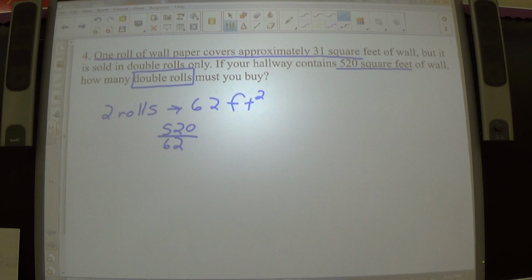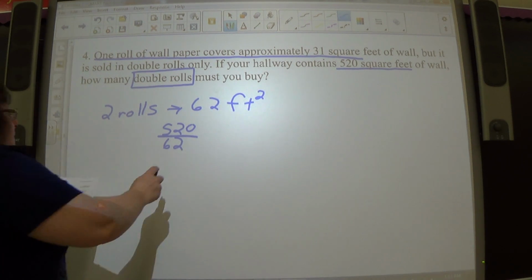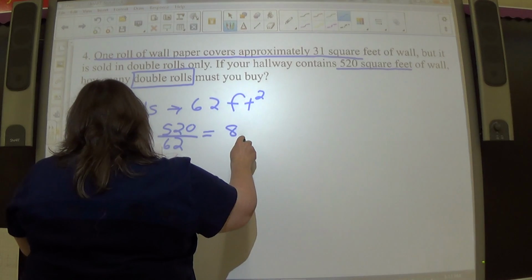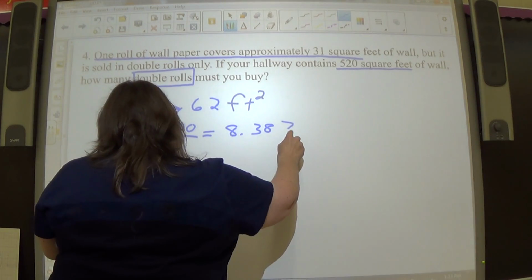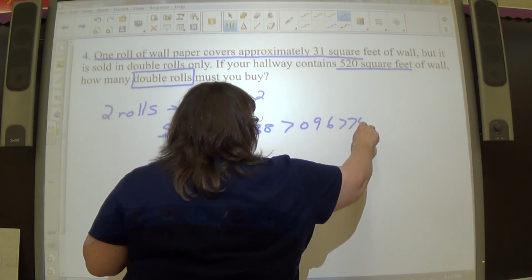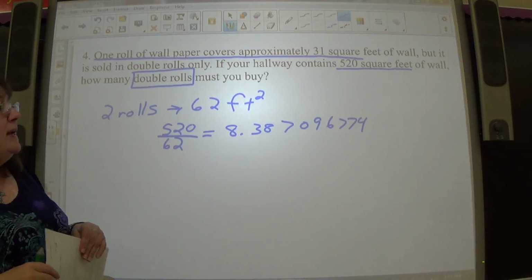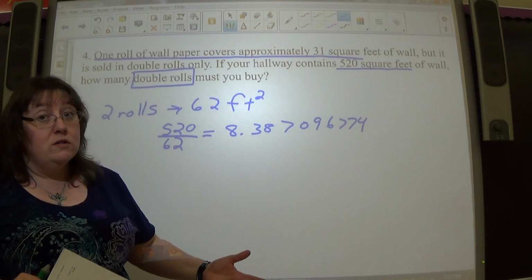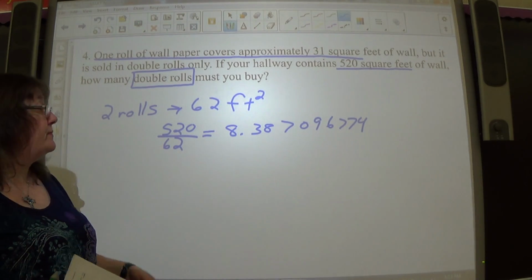Okay? So, that division gives you 8.387096774. Because we are buying them in rolls, you can't get a partial roll.